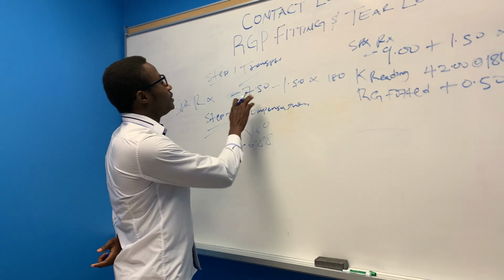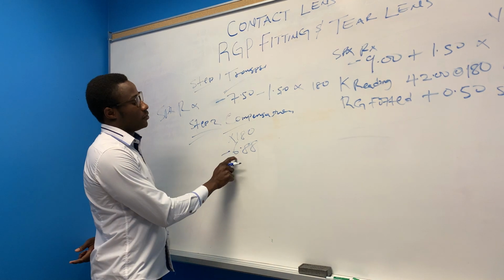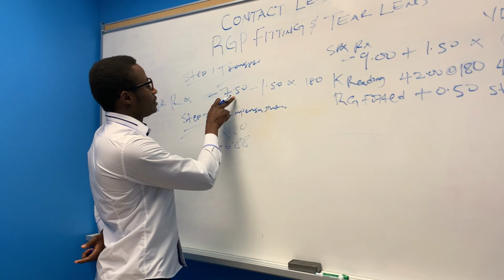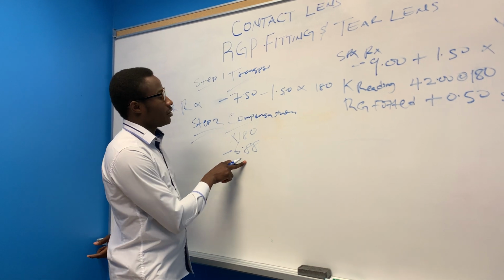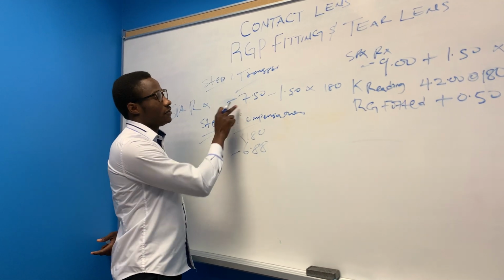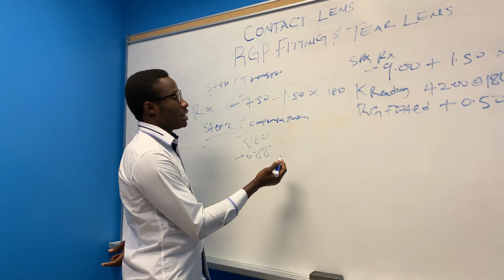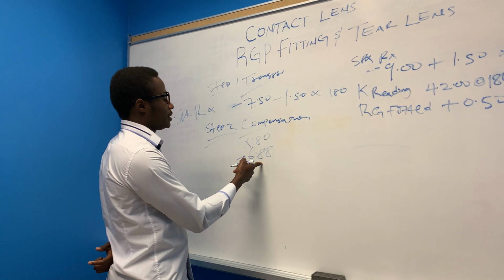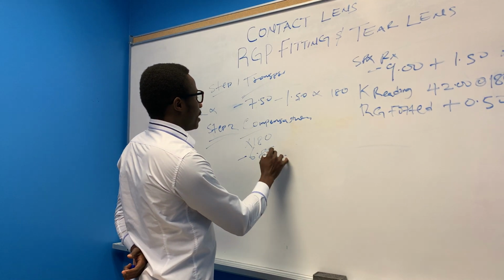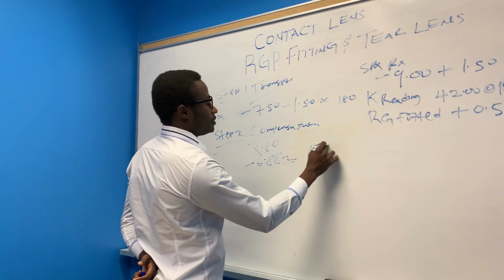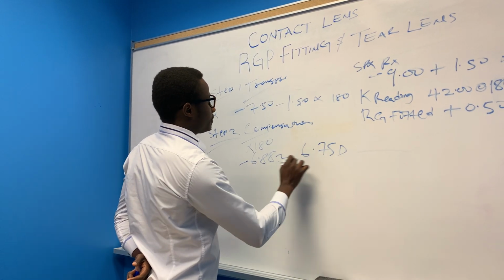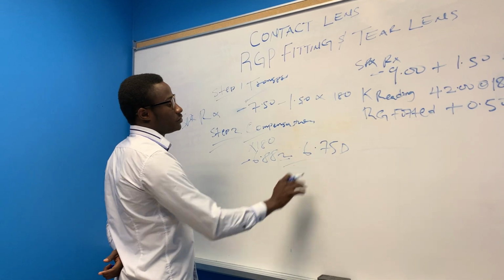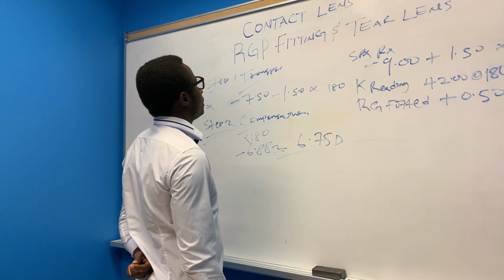So this is my new Rx on the corneal plane for the sphere. Because we work in diopters, I want to round this to the nearest quarter diopter, which is minus 6.75. This and this are the same; I just rounded it to the nearest quarter diopter.